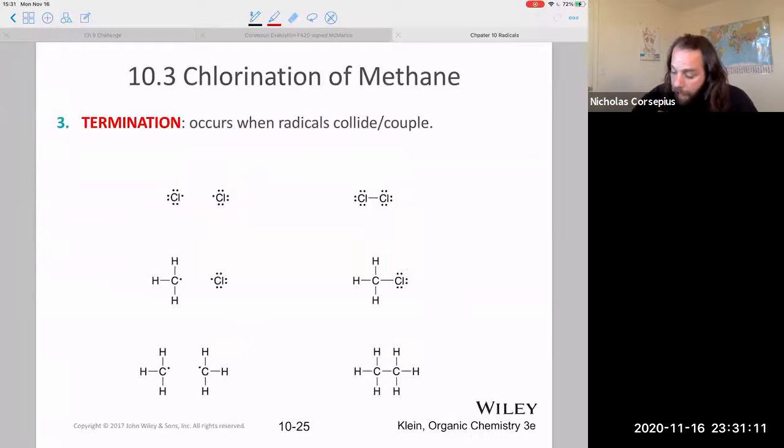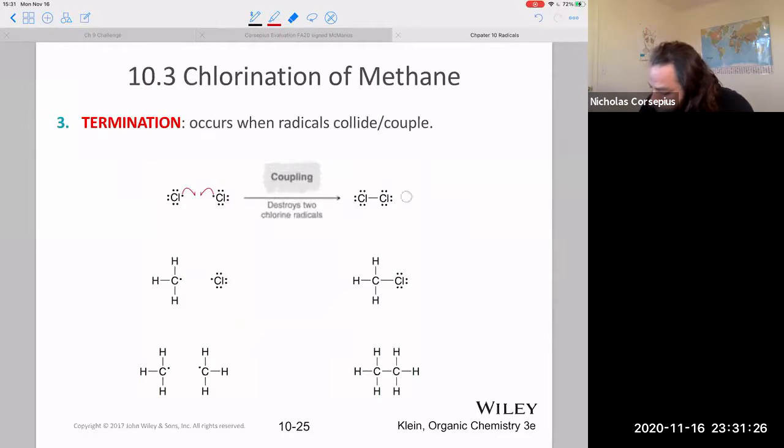Okay, and then the last step that has to occur is the termination step. This happens anytime two radicals find one another. Whether they both be chlorine radicals, they would find one another and form a new covalent bond, that coupling reaction. You can have a methyl radical find a chlorine radical, which would form that new methyl chloride bond.